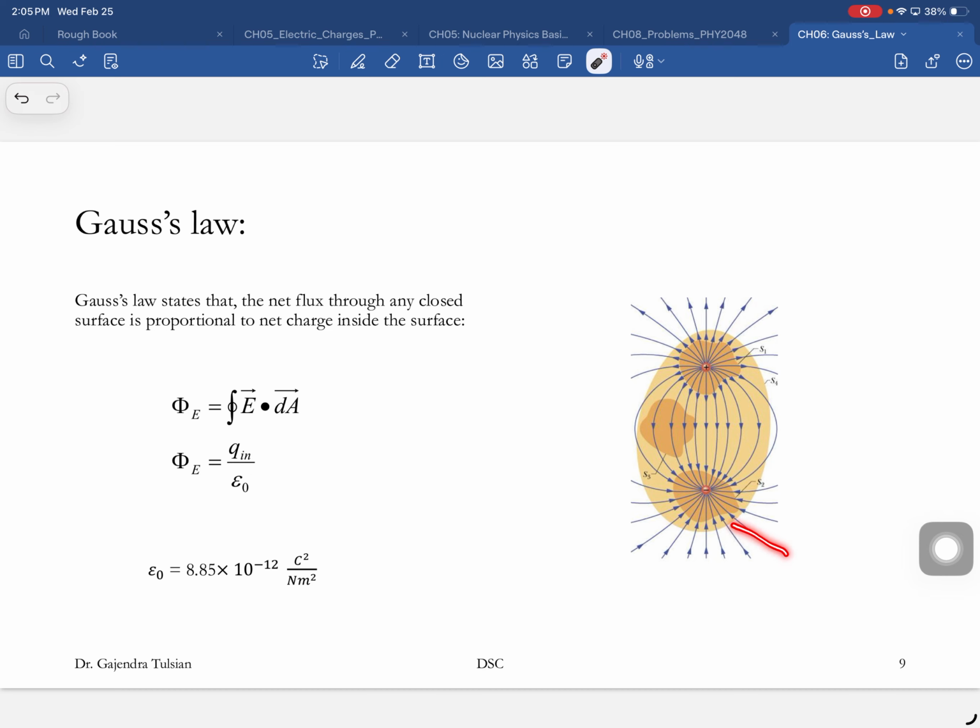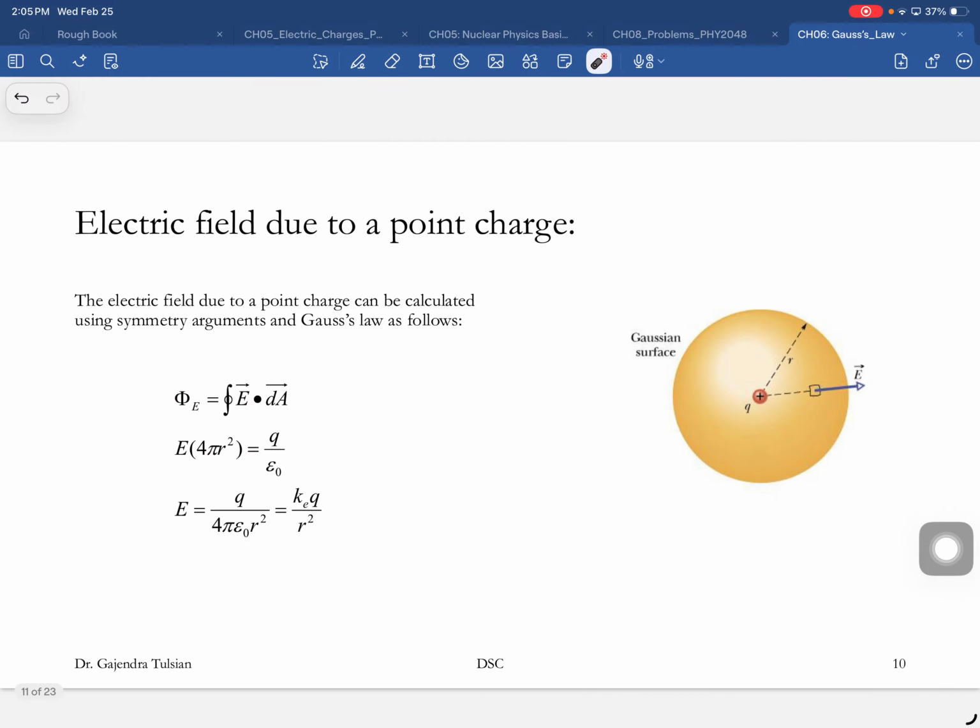So the electric field is Q divided by 4 pi epsilon naught r squared. And 4 pi epsilon naught, Ka, the Coulomb's constant, is related to the permittivity of free space like that. So that's the electric field due to a point charge.